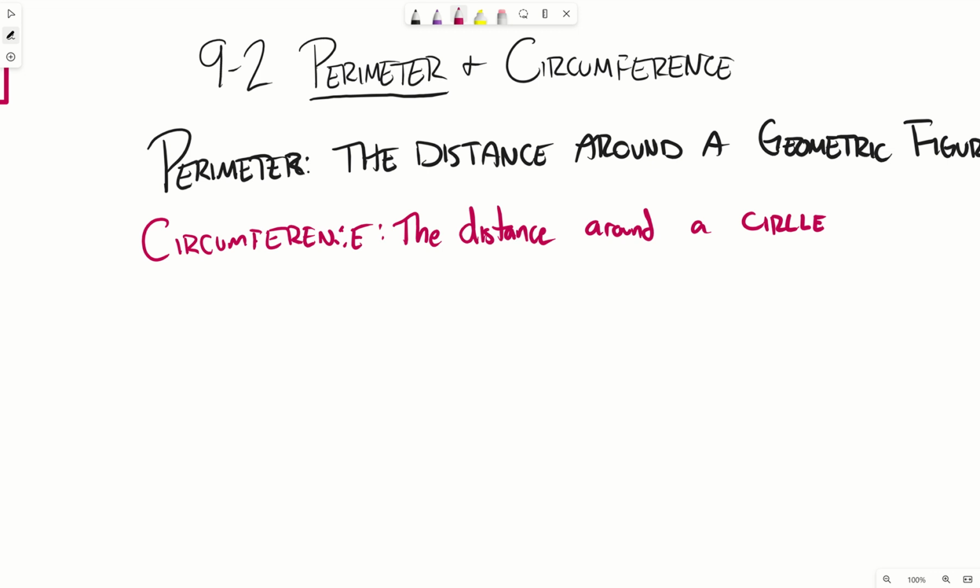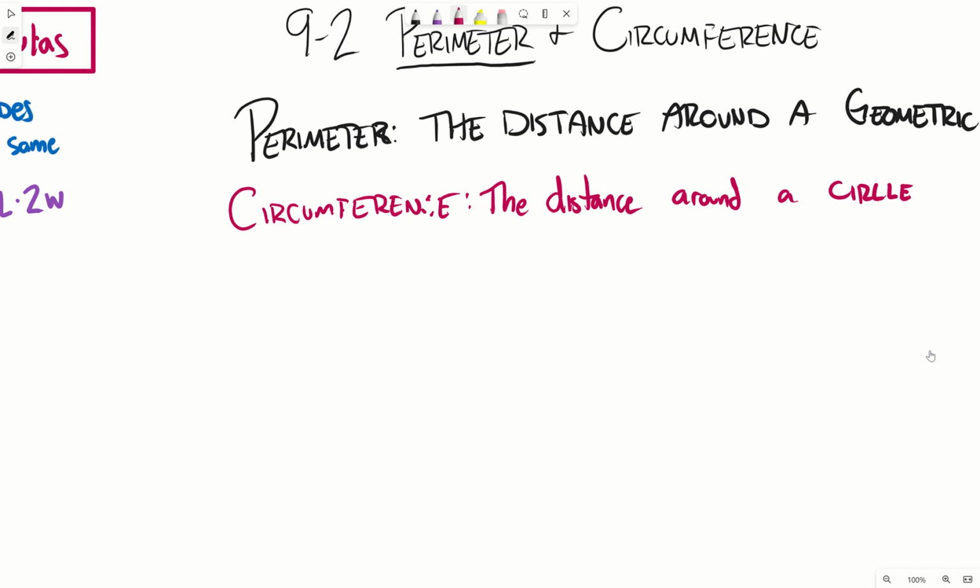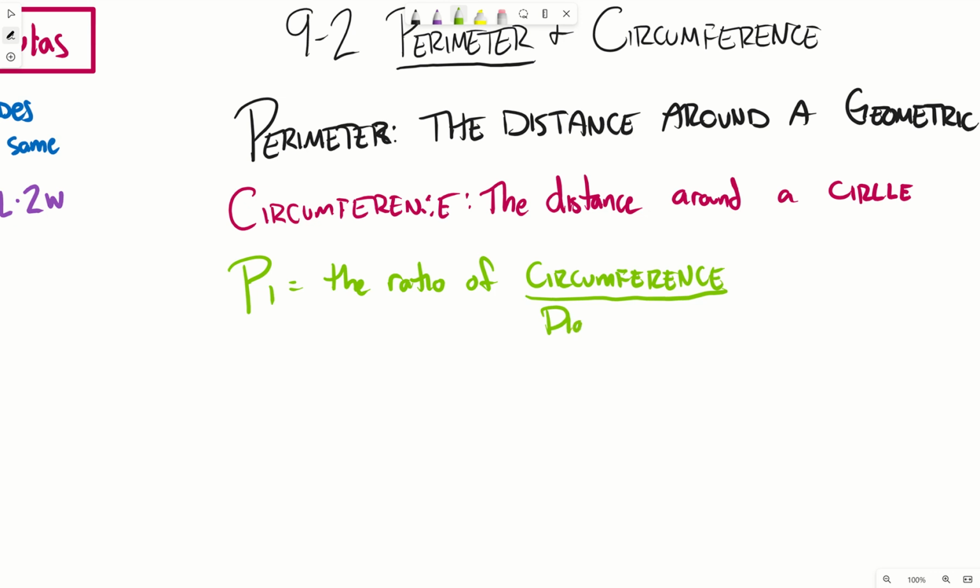And so, we use a formula for the circumference, and our formula for circumference involves everyone's favorite dessert treat, pi, which pi is the ratio of circumference over diameter.